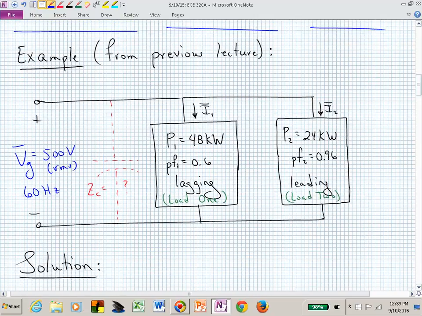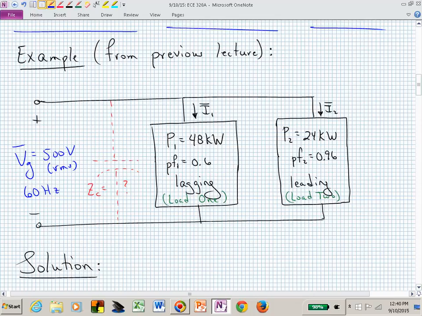Here is our example from last time. I may slide through this very quickly because I'm assuming you already have this in your notes. We had identified 2 different loads, load 1 and load 2. Load 1 had a real power of 48 kilowatts, a power factor of 0.7, and it was lagging.